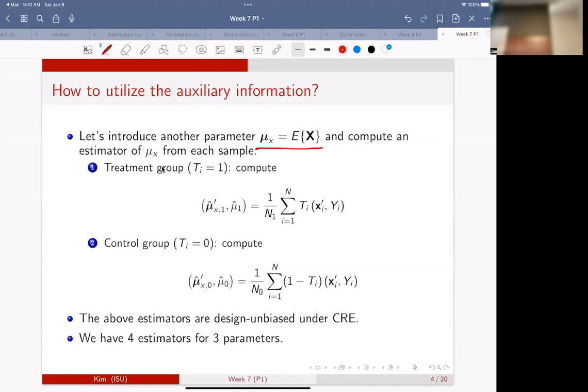In the t equals 1 sample, the treatment group, I can compute two estimators: one is the estimator for mu_x, and the other is the estimator for mu1. This is also design unbiased.